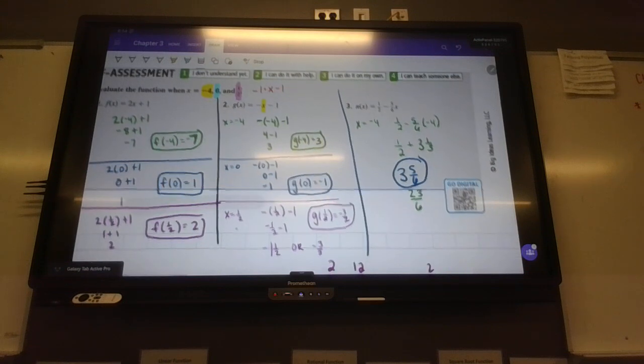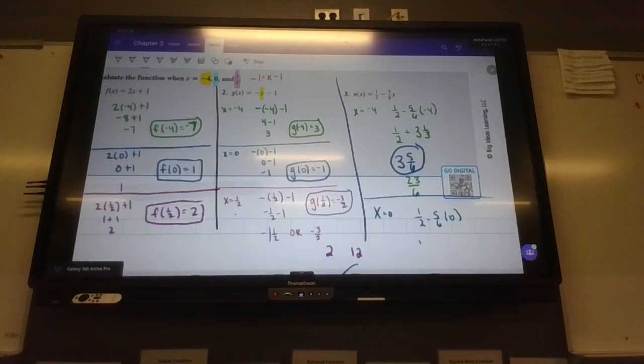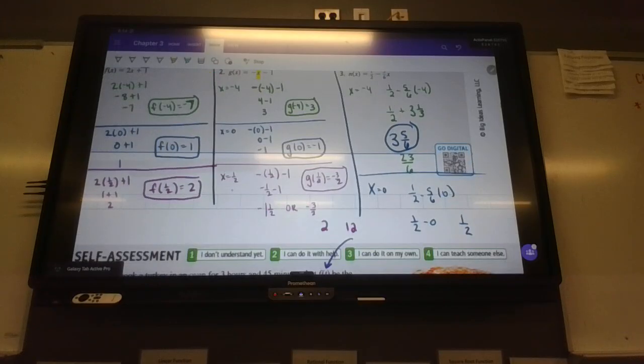I feel like as a whole, you guys are understanding the concept of plugging in and the function notation. So for x equals 0, I would have 1/2 minus 5/6 times 0. That's 1/2 minus 0, and that's 1/2. How'd it go, Anna Sophia?